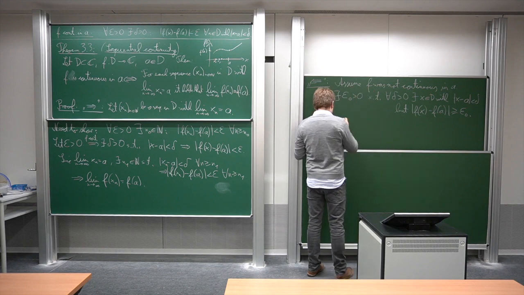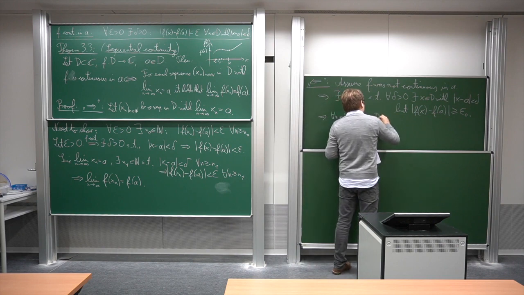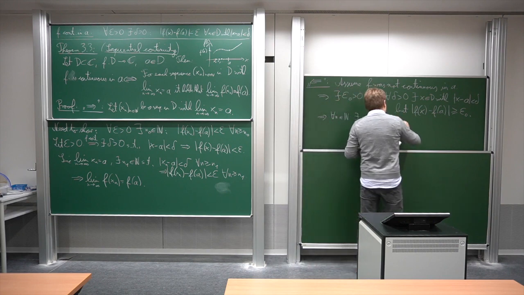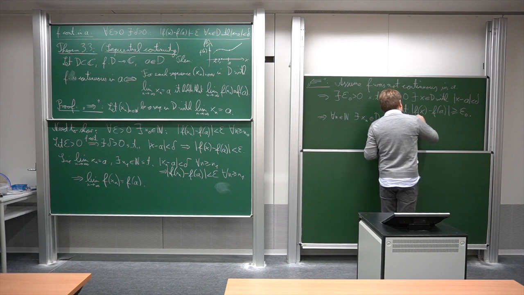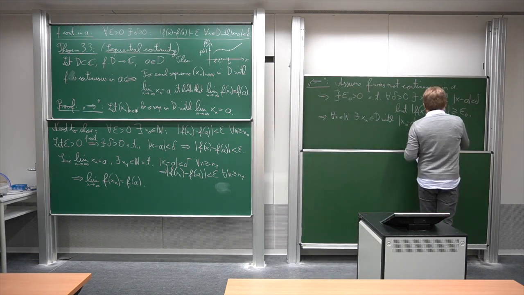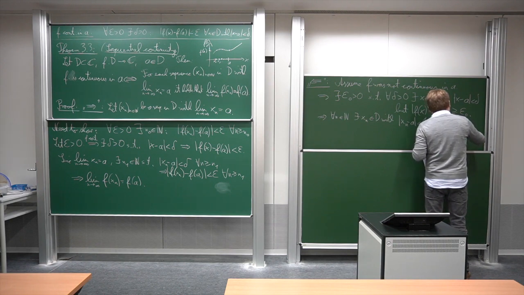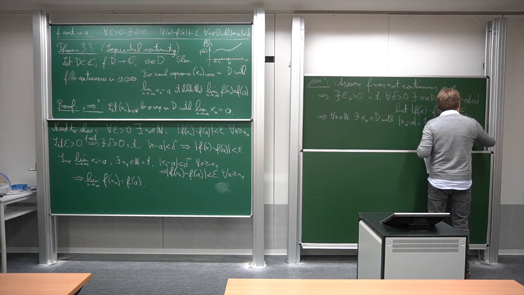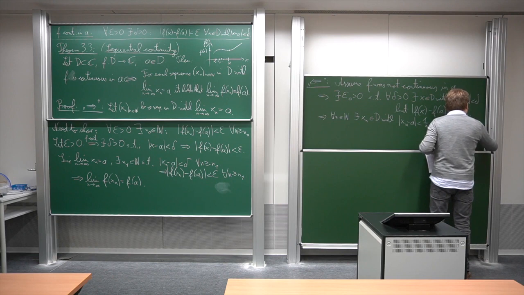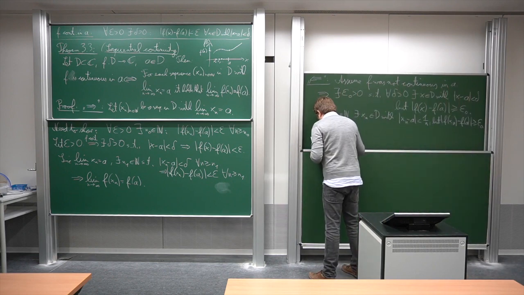So this particularly means for all n in N we can find an xn in D with xn minus a to the absolute value is smaller than 1 over n. So this time we take delta to be 1 over n, such that this holds, but such that f of xn minus f of a is bigger than or equal to epsilon 0. Okay, so we can find this for every n.